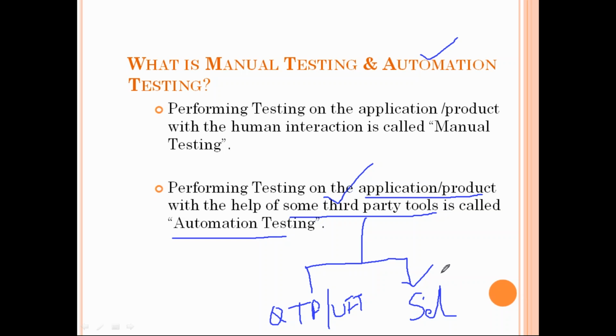Our training goes with Selenium with Java. Hope everyone is aware of it, right team? This is a Selenium with Java class, not a Selenium with .NET class, and not related to UFT or QTP. This is the Java demo.